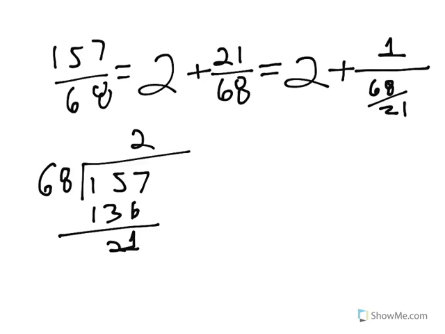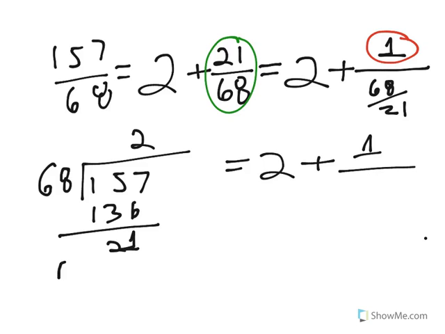You see, that gets me the one that I want for my simple continued fraction. And now this 21 over 68 was a proper fraction with the numerator being smaller than the denominator, but when I turn it to 1 over 68 over 21, now I have 68 over 21, which is an improper fraction.